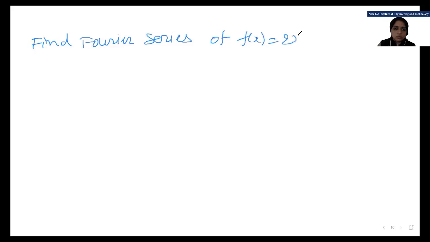So, one most important example. Find the Fourier series of f of x is equal to 2x minus x square in the interval 0 to 3.